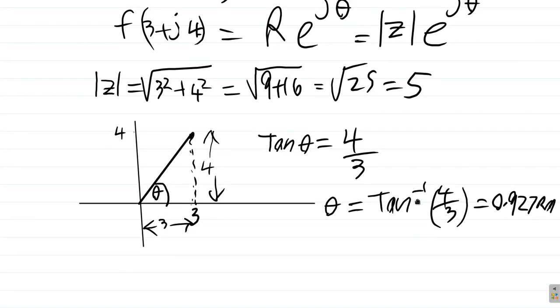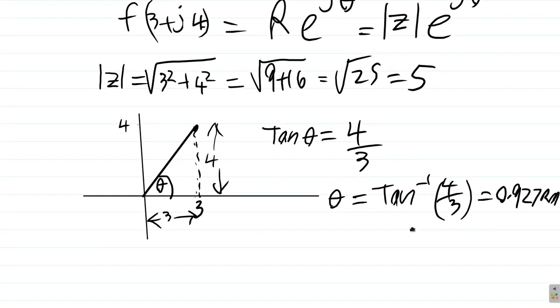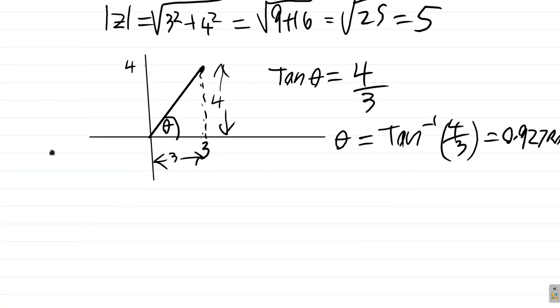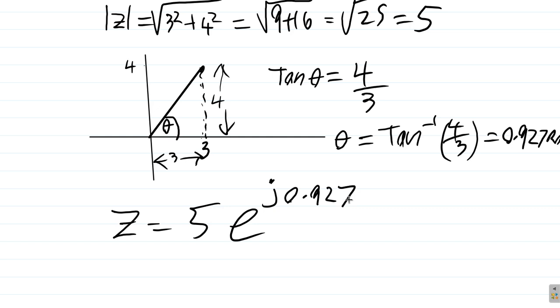So we now have the complex number in exponential form. Z is equal to 5 e to the j 0.927.